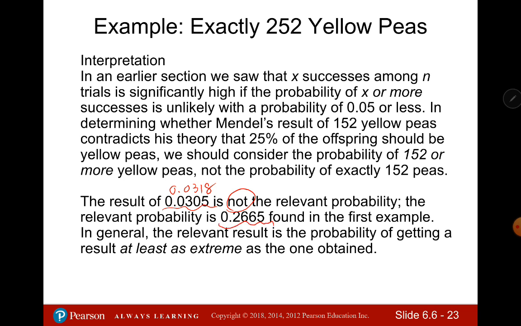So in the previous example, we got the probability of x equals 152 or more. That probability is the relevant one, and this probability is not less than or equal to 0.05. So we can say 152 is not significant, or we will say the assumption is correct. We cannot say the assumption is not correct.